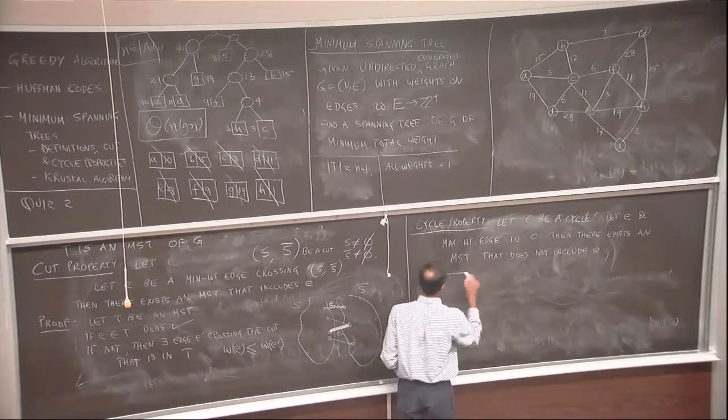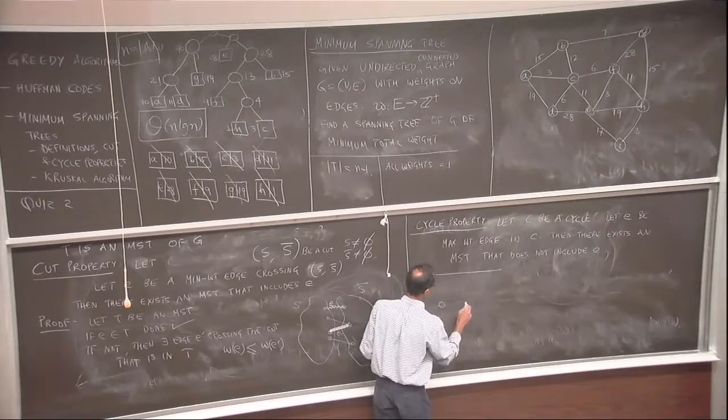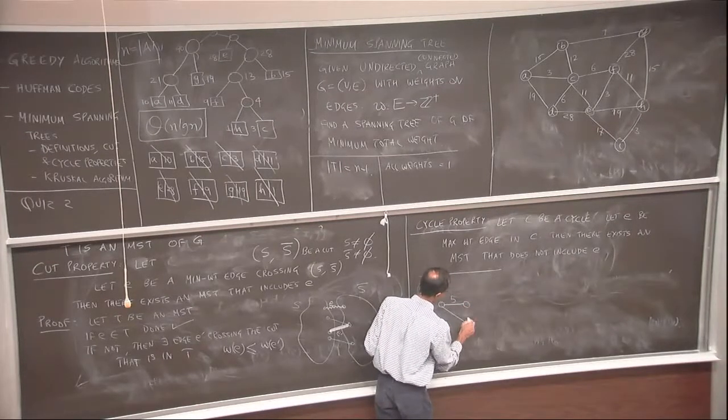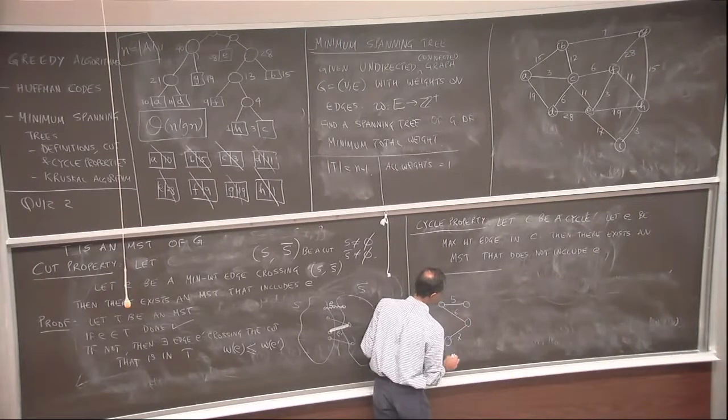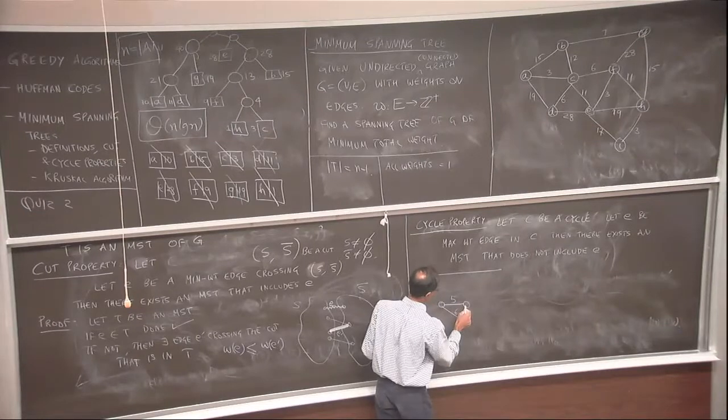So let's say we have this is weight 5, this is weight 6, this is weight 7. Okay.